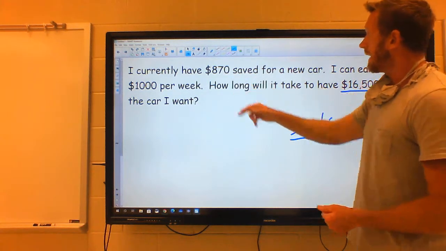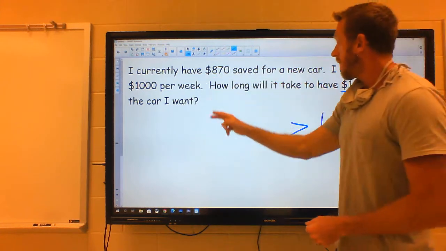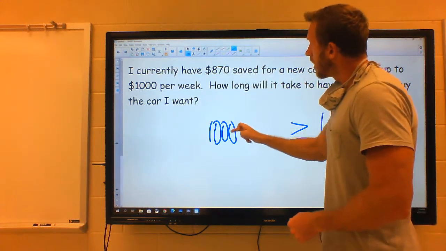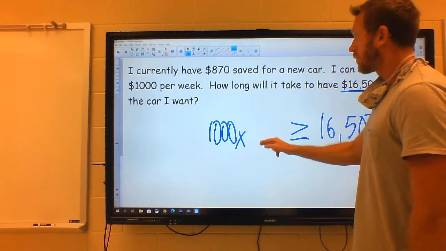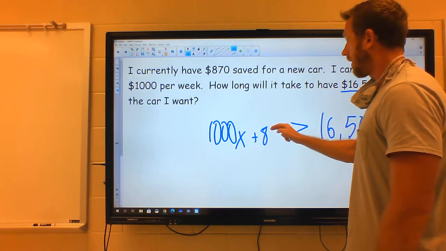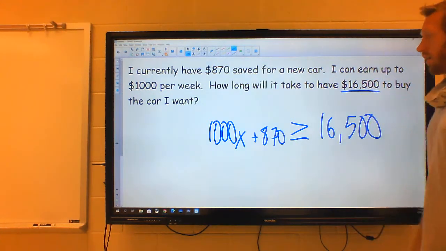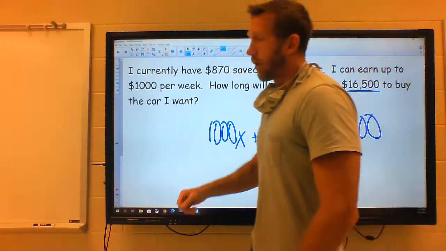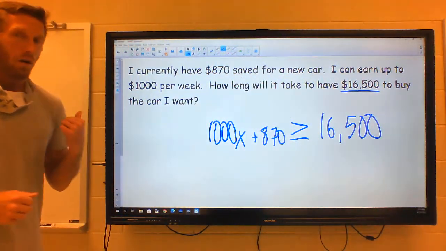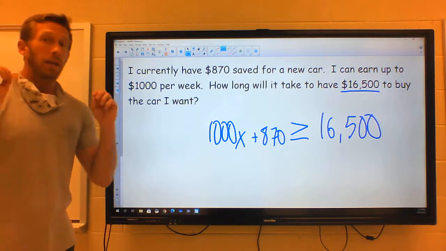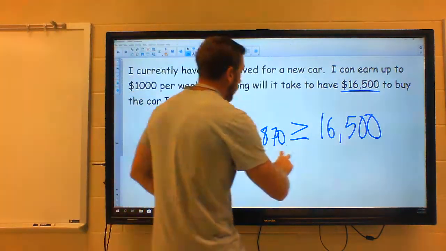We started with $870, and we can earn $1,000 per week. This is our $1,000 per week plus our starting $870. So this is our inequality statement. So on the problems, when it asks for what is the inequality statement, this is what we would write.